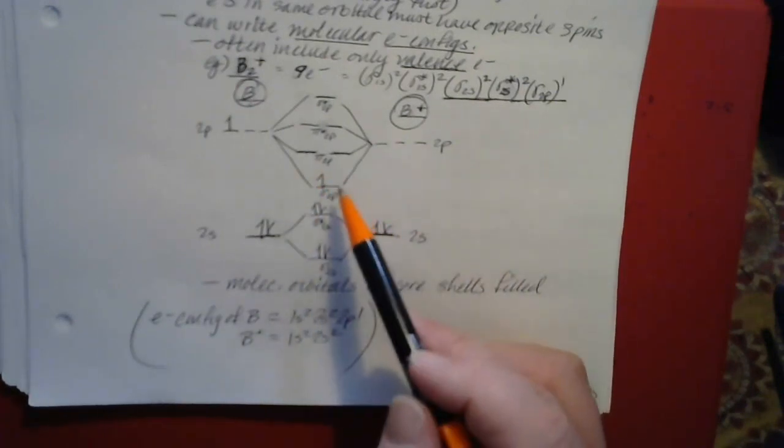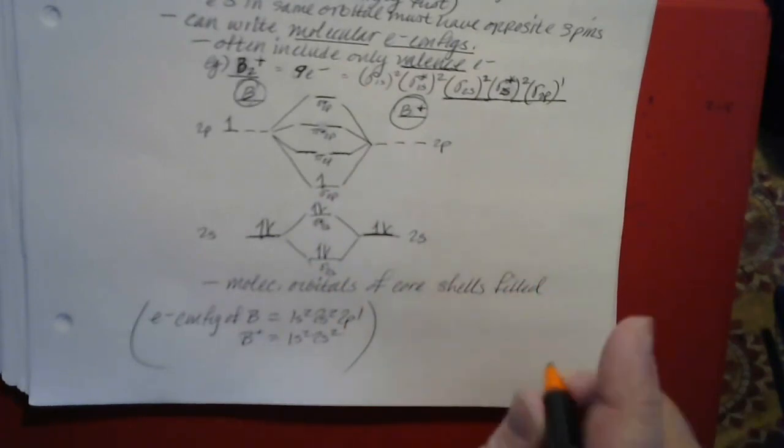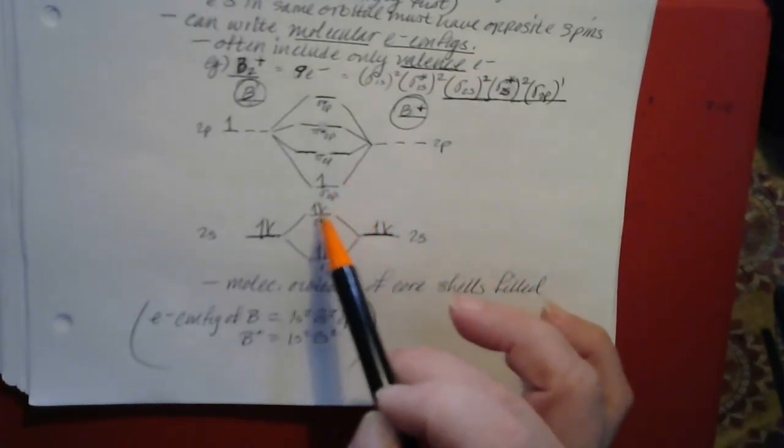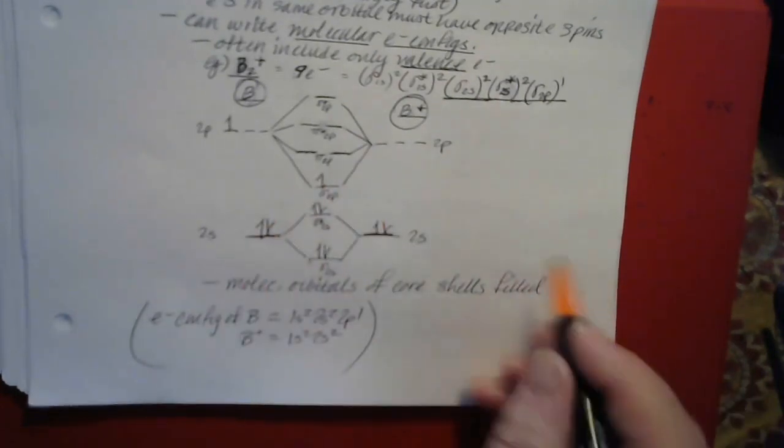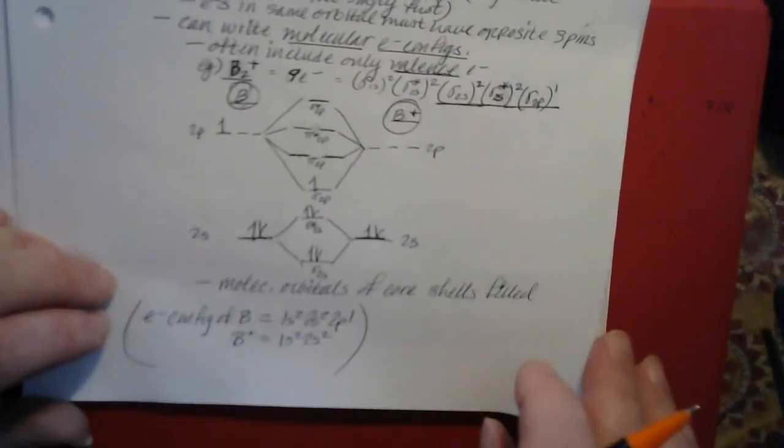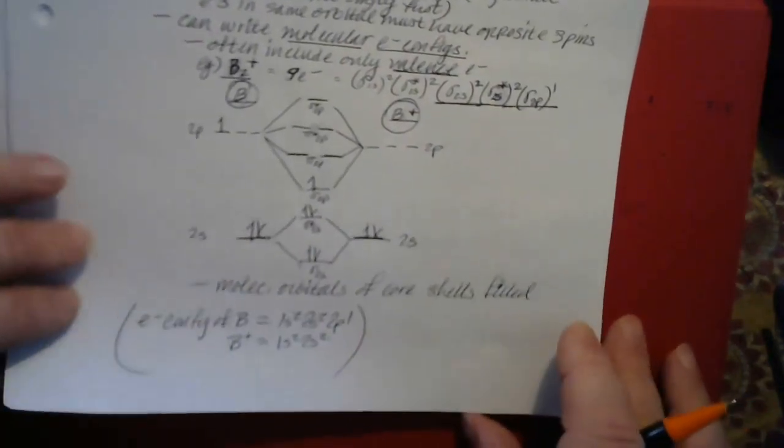Because we've got a total of 1, 2, 3 electrons in bonding molecular orbitals, and we've got only 2 electrons in anti-bonding molecular orbitals. So it's kind of a close call, but bonding does win, but only by a little bit, and that's what makes the bond fairly unstable and why the molecule isn't found very often.